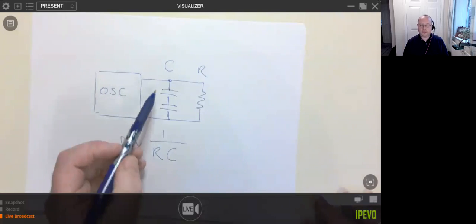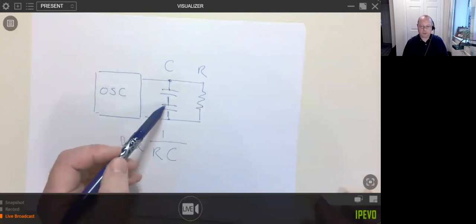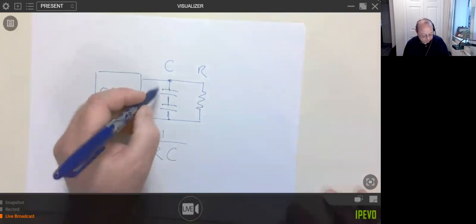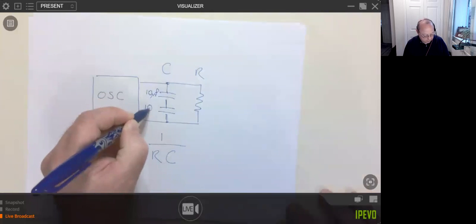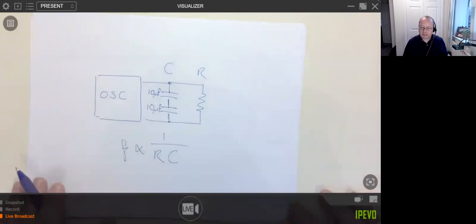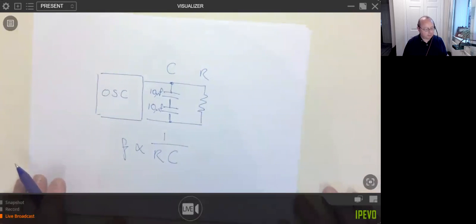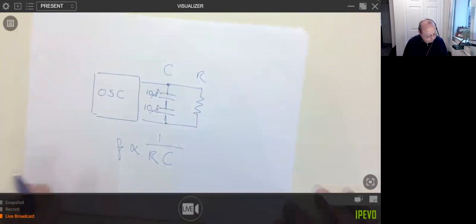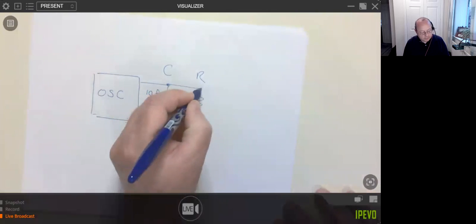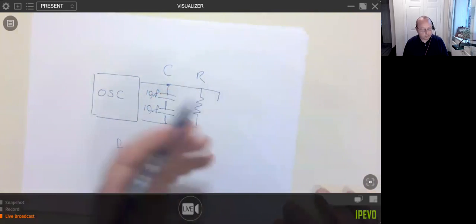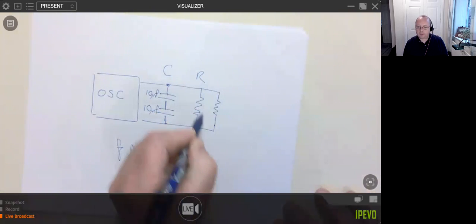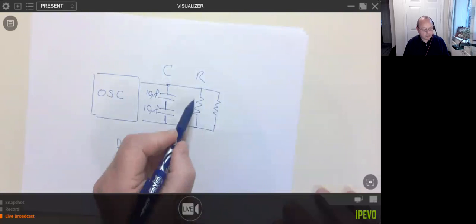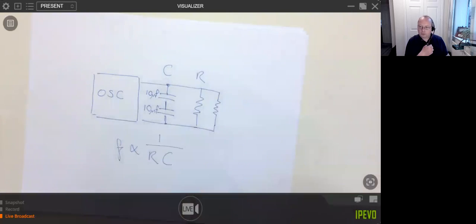With capacitors in series, say 10 microfarads each, that would become 5 microfarads. With resistors, of course, they tend to fail open circuit, so the easy way to deal with that is to put one in parallel with it. If it fails open circuit, your circuit is still working.